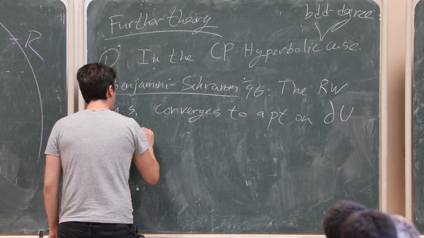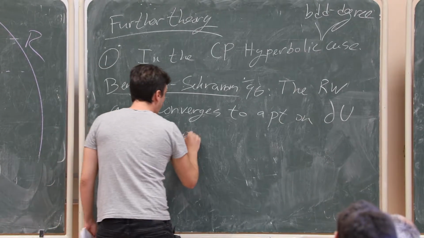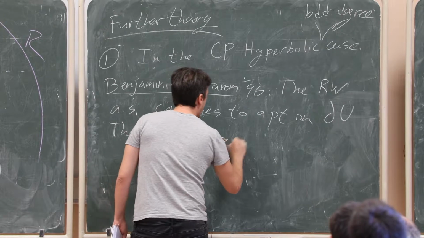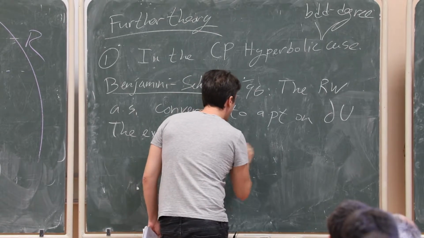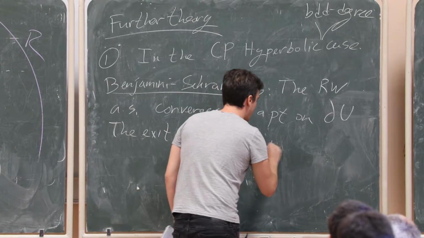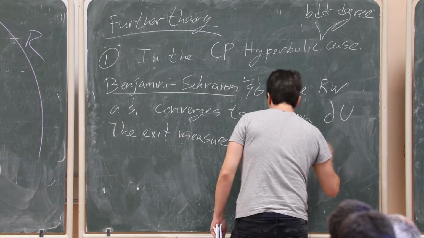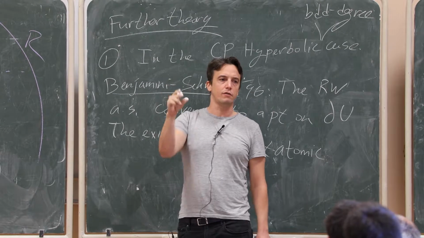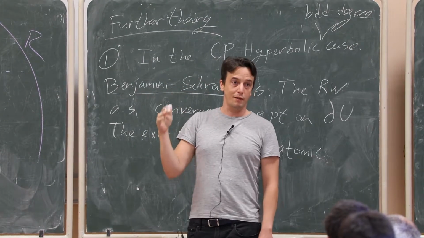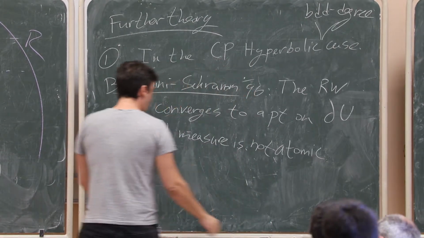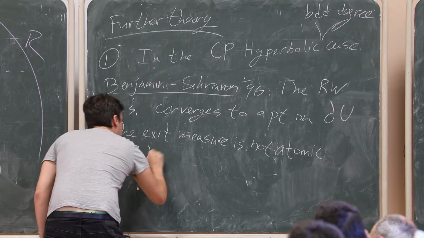The exit measure is non-atomic. It has no atoms, and has full support, meaning that for every interval you have a positive probability of exiting through it.